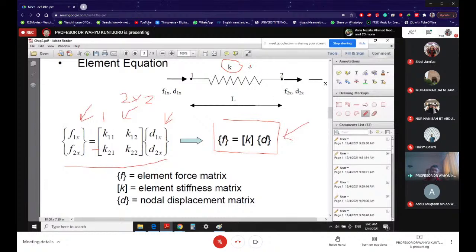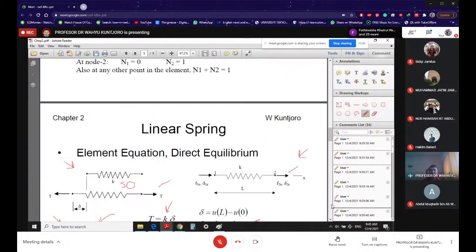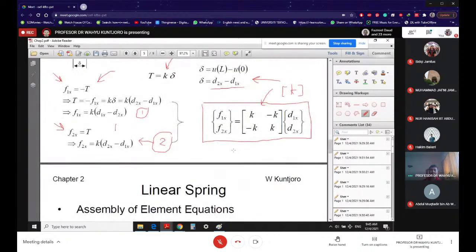If, let's say, this is 1000, then of course what you have inside the K is going to be 1000, minus 1000, minus 1000, and 1000, which is based on this equation. All right, so with that, we finish our element equation. This is the way we derive our element equation using what we call the stiffness method. Any question?